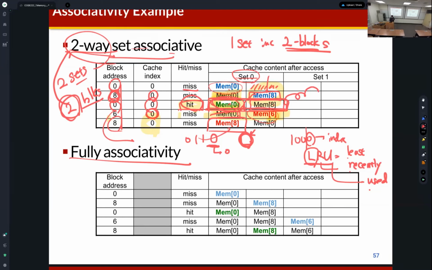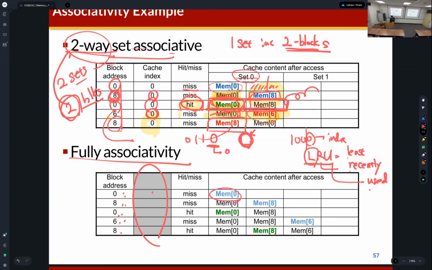Okay, because the memory blocks can be allocated to any block of a cache. So in this example, you can find no set here because a fully associative cache has only one set. The access sequence is 0, 8, 0, 6, 8.